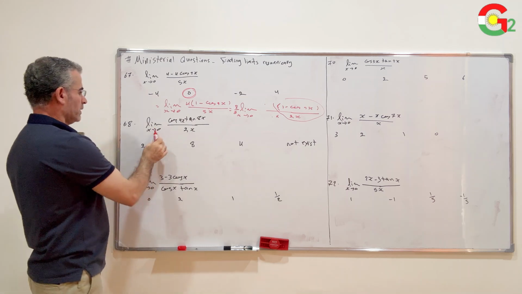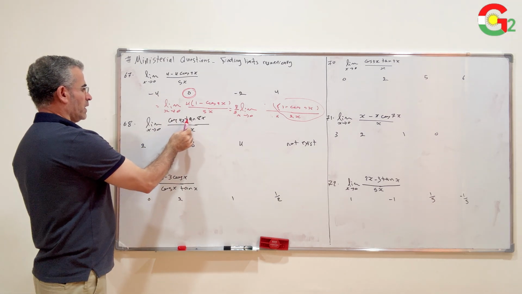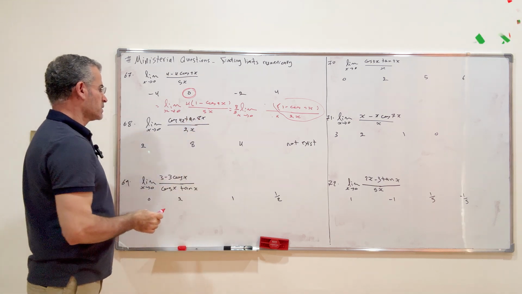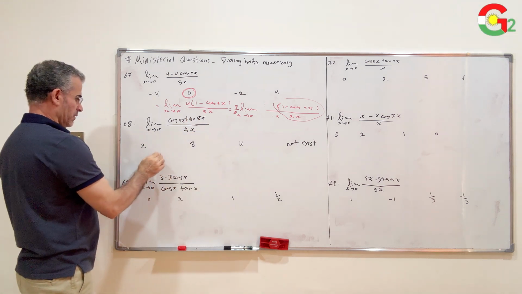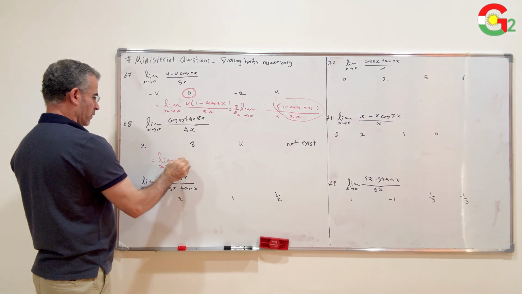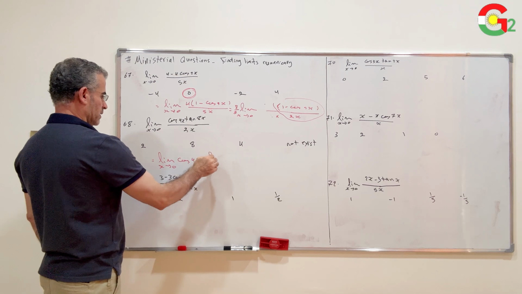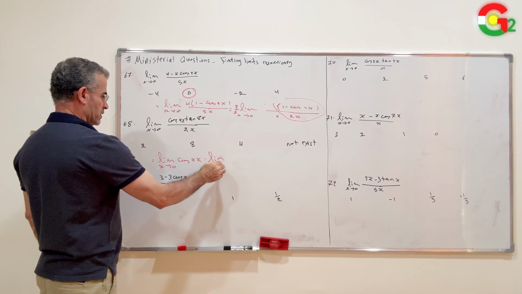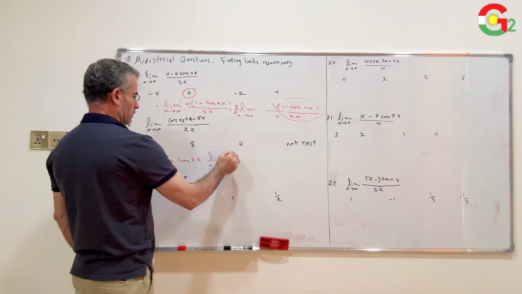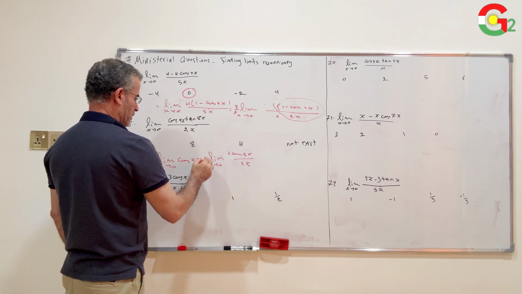Question 68. Limit as x approaches 0 of cosine 4x tan 8x over 2x. This limit will be the limit of cosine 4x times the limit of tan 8x over 2x.